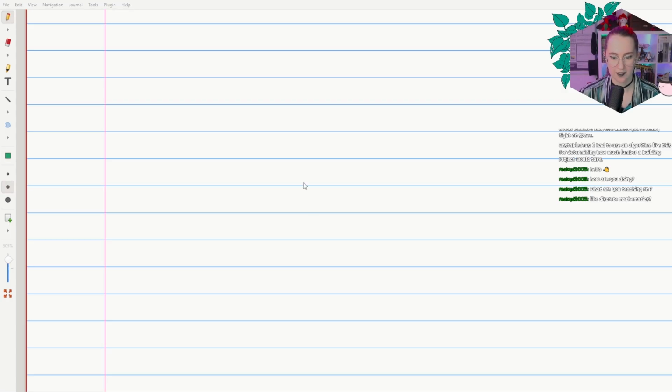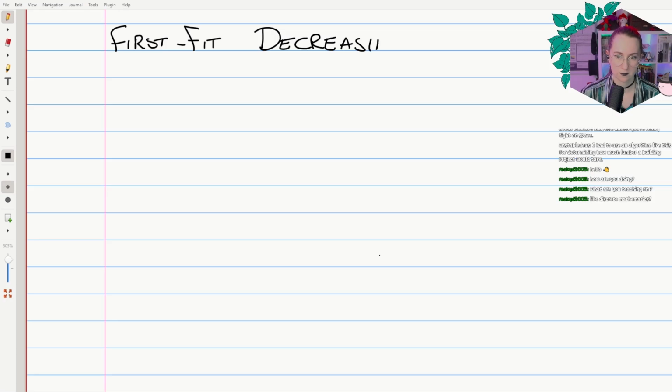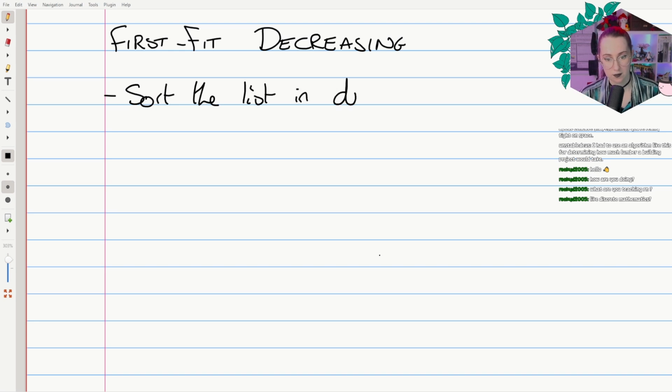Well, we can look at first fit decreasing. So in this one, sort the list into decreasing order, and then perform fit first, which is the algorithm we just did.